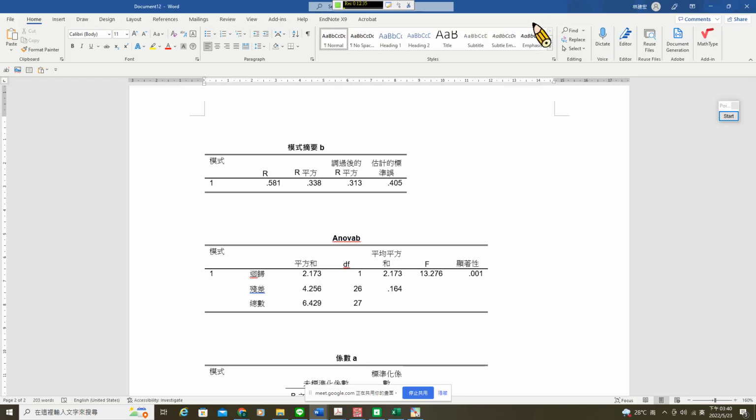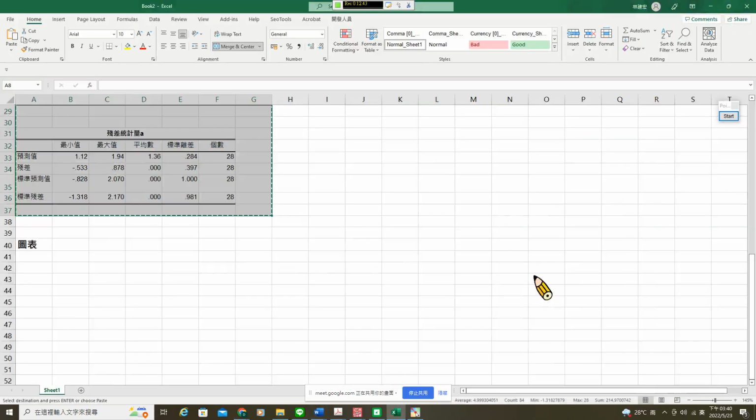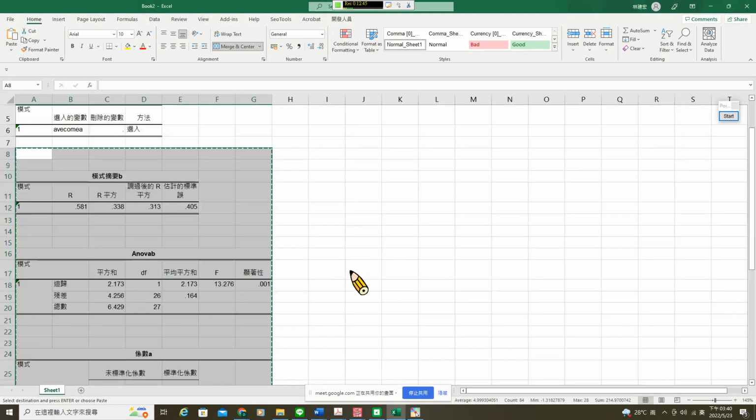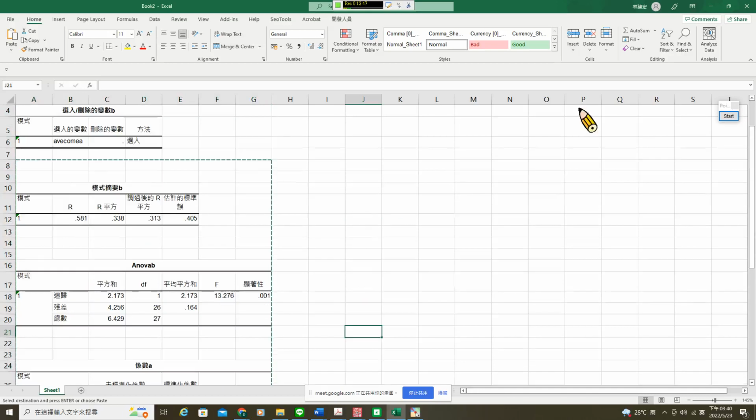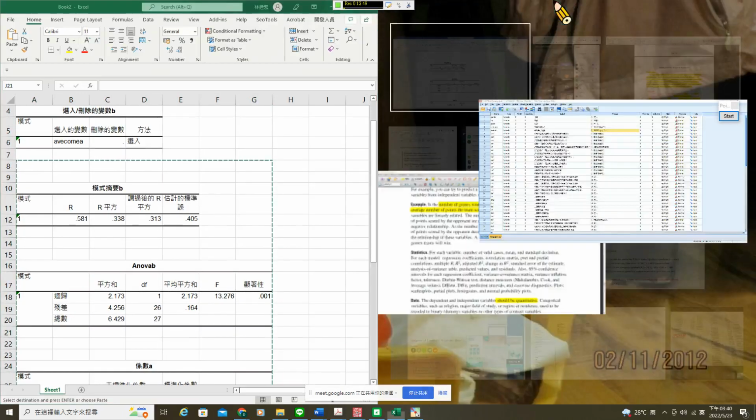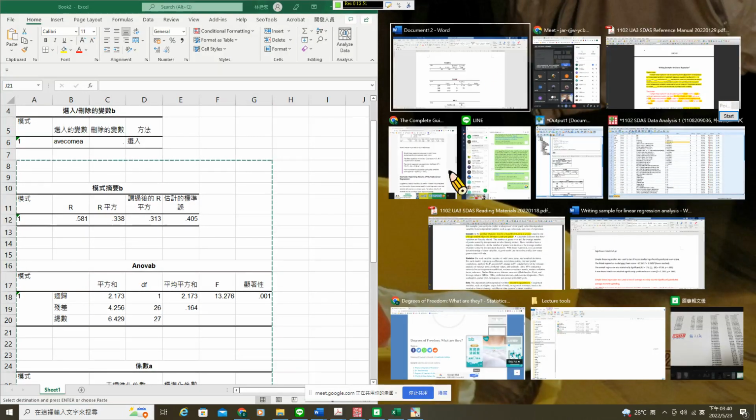So let's compare what kind of information we need to put in. And here are very important points I would like you to pay attention to. So let's move up here and make this a little bit bigger.